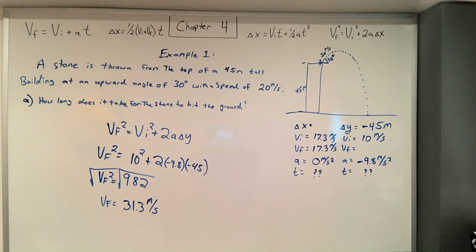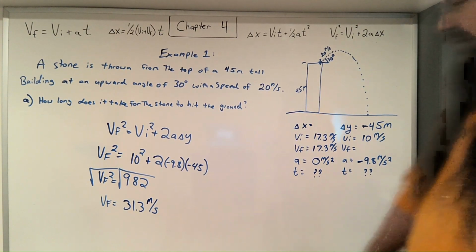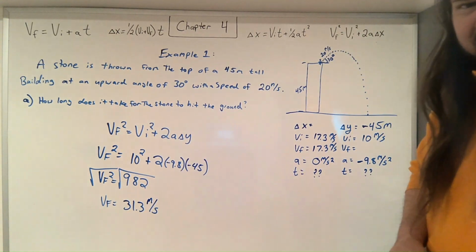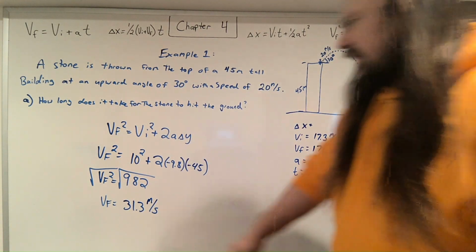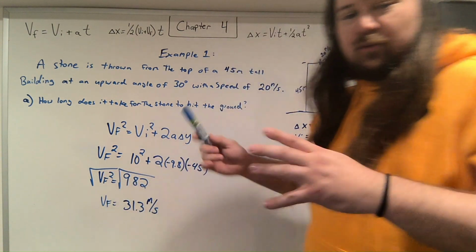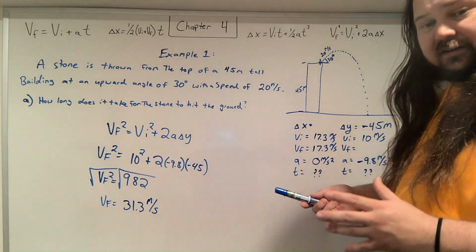Now, if I want to add that to my table so I can use it to find time, I also have to be careful that I took the square root of a square. If you're doing that, the VF, the variable in question, could have been positive or negative because you were squaring it, it didn't matter.